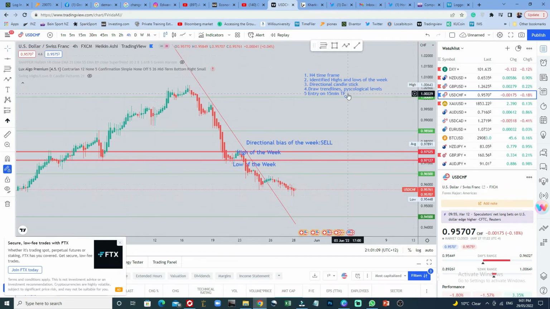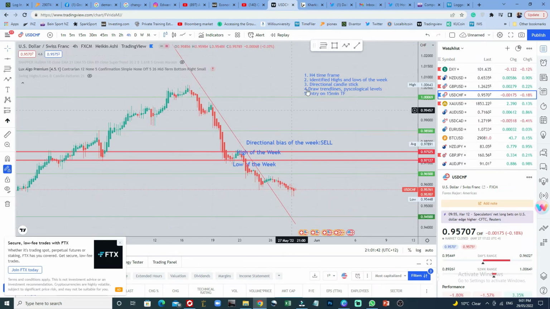Once the market starts on Monday morning, you wait for the first 2 candlesticks to draw your highs and lows. Then you wait for the next candlestick that breaks either the high or the low. Whichever one it breaks, that direction will determine whether we have more highs or more lows that week, which is very good in helping us have a bias as to what more sales will be taken in that particular pair.